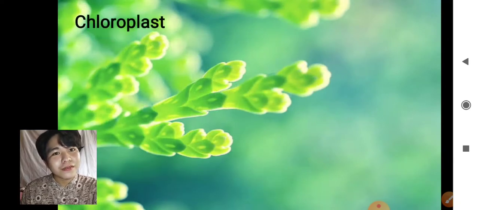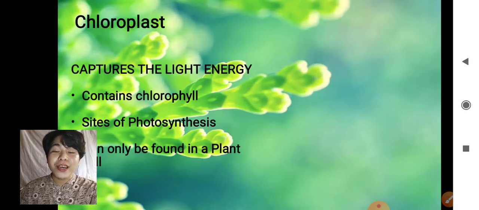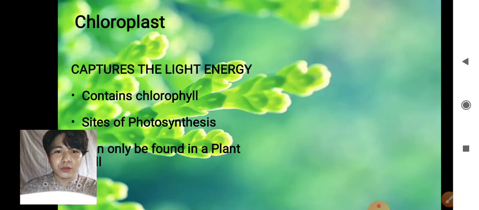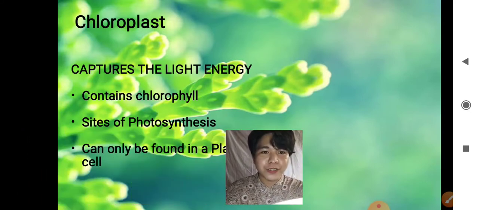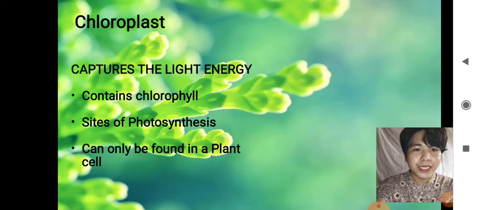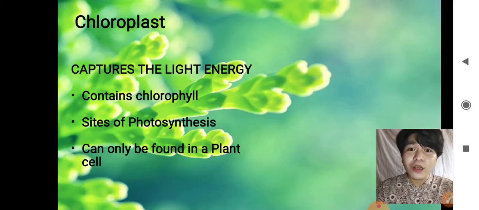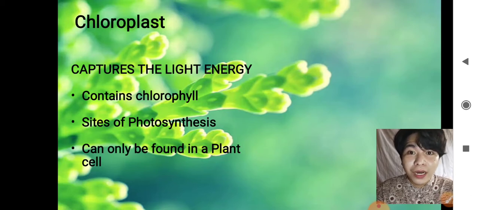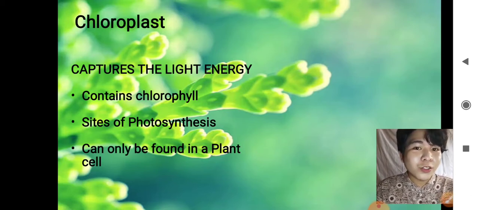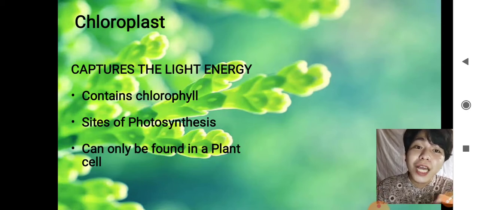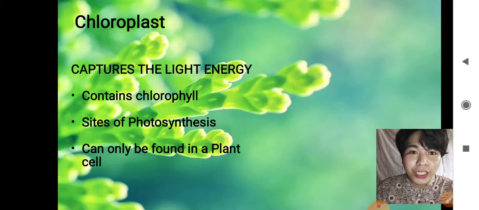Next, of course, we have chloroplast. By the way, what is a chloroplast? It can only be found in a plant cell. Because generally, chloroplast captures light energy. And of course, I know some of you keep on asking, Sir, why is the leaf green?